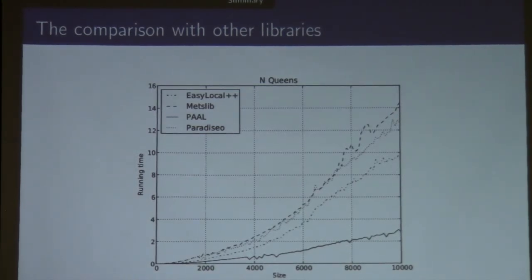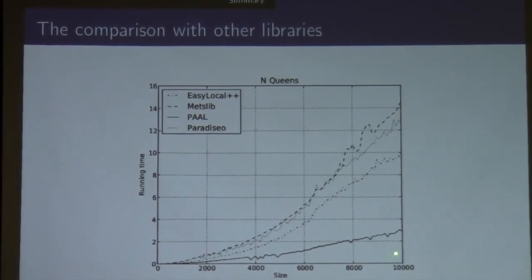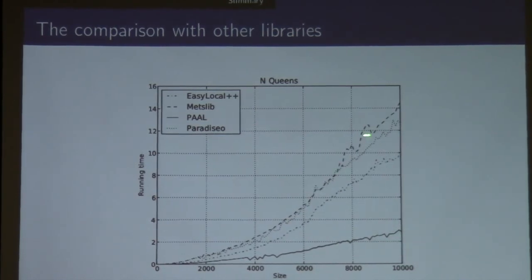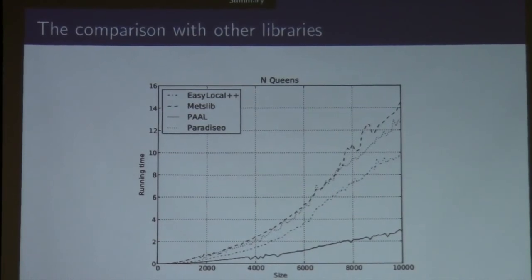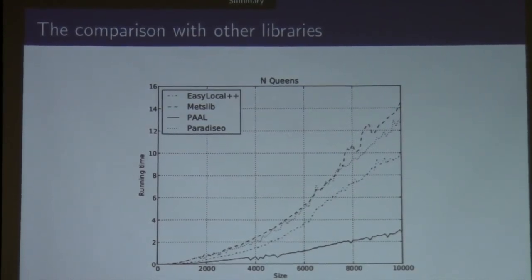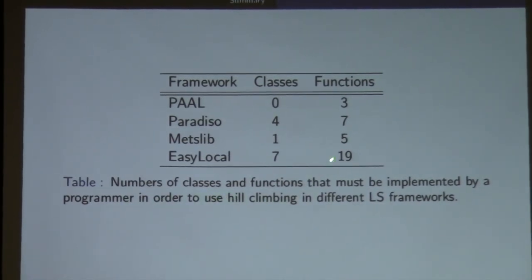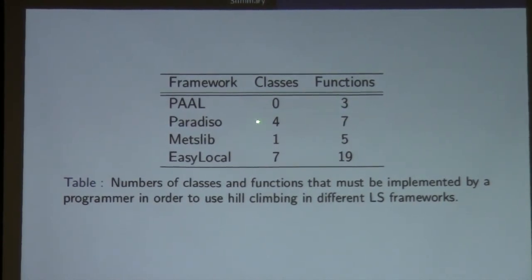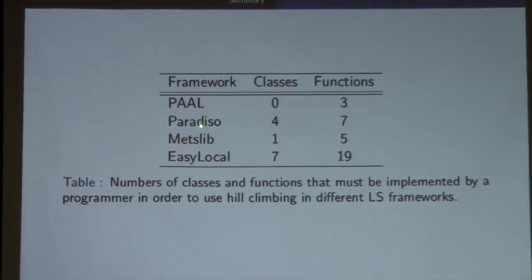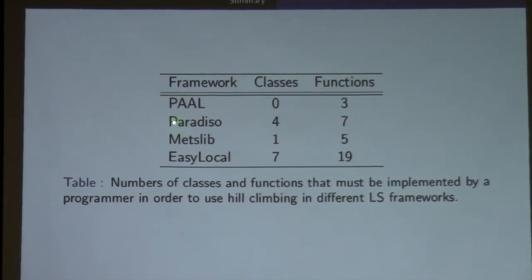We are just faster. Also, it's hard to measure which design is more complicated; there are not many hard measures. We measured how many functions you have to write to program a very simple hill climbing. In our case, you must write more or less 3 functions, and these are the results for other libraries.